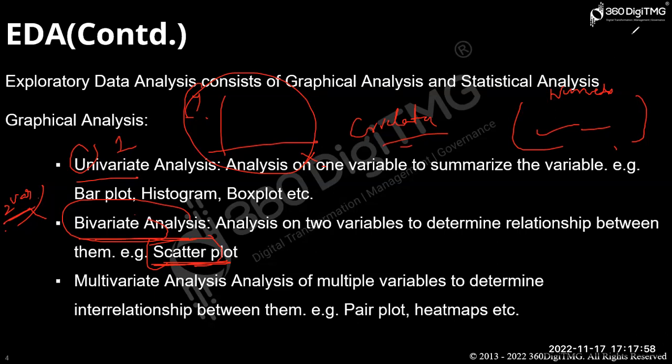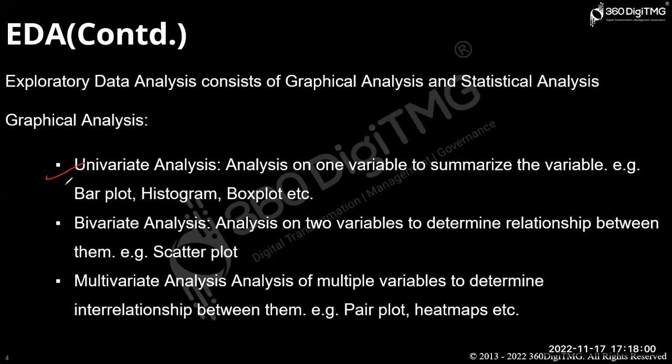And then we will be having multivariate. So univariate is 1, bivariate is 2, and when it comes to multivariate, we have more than 2. If you have more than 2 variables and you want to do the analysis on that, we will be calling it multivariate analysis. Multiple variables. So mostly we'll be using pair plot.